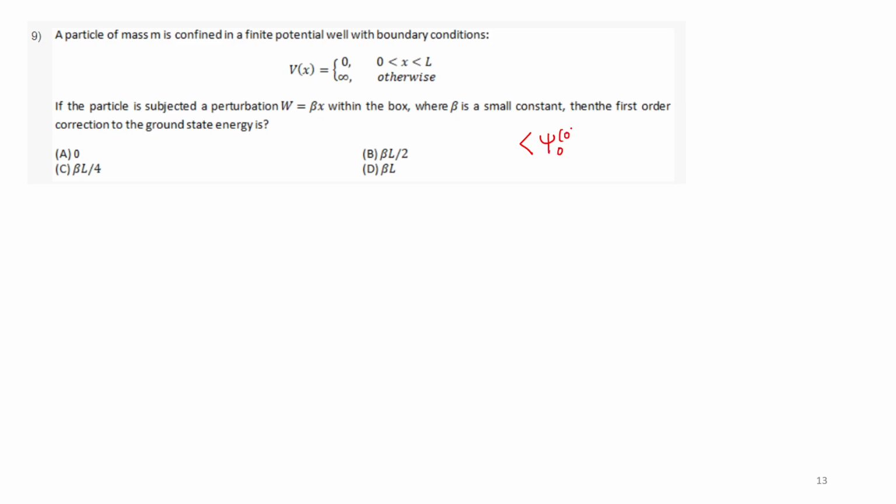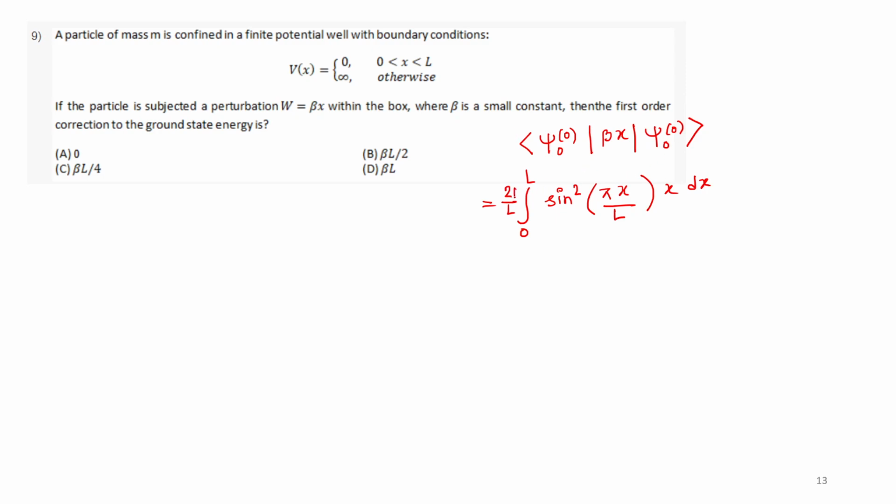psi 0 0 beta x psi 0 0, so integral 0 to L, 2 by L sine square pi x by L, the ground state it is mentioned already, times x dx, right?